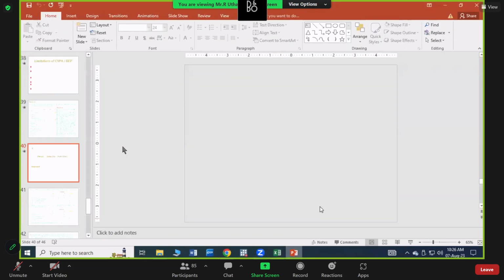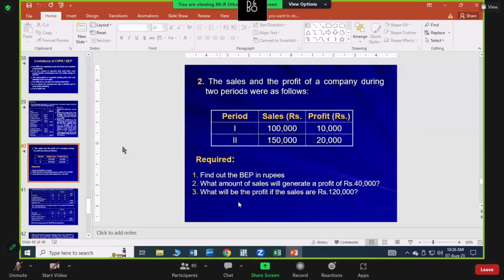The third question has been asked: what will be the profit if the sales are 120,000?